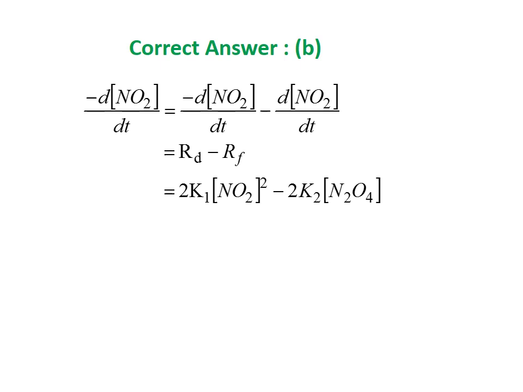Therefore, Rd minus Rf gives 2K1 into concentration of NO2 power 2 minus 2K2 into concentration of N2O4. In the second term you multiply by 2 because 2 NO2 molecules are formed. Therefore, the correct answer is B.